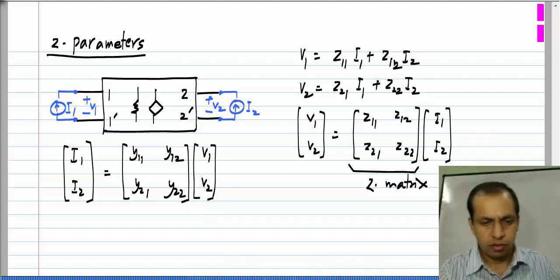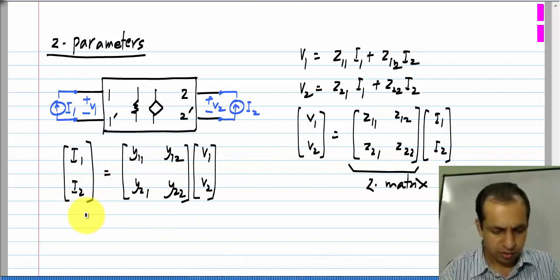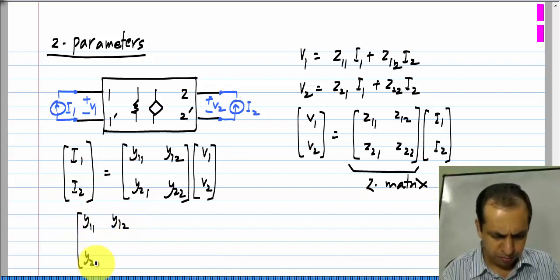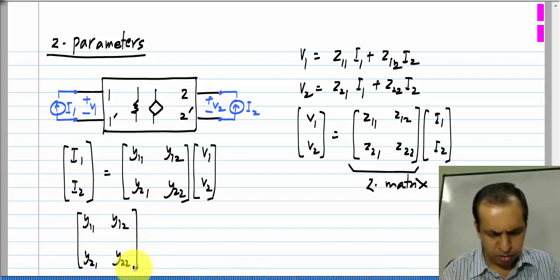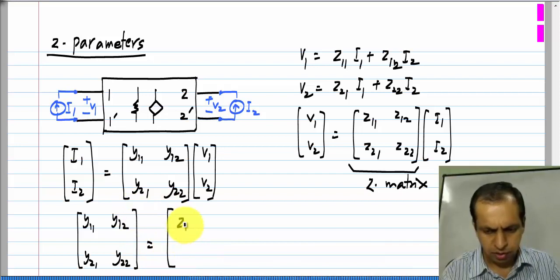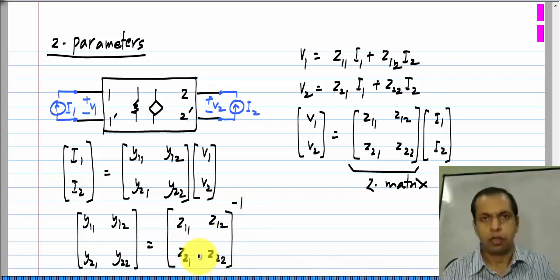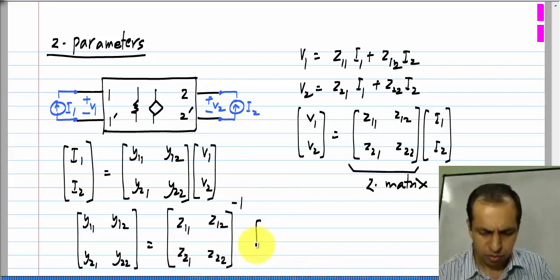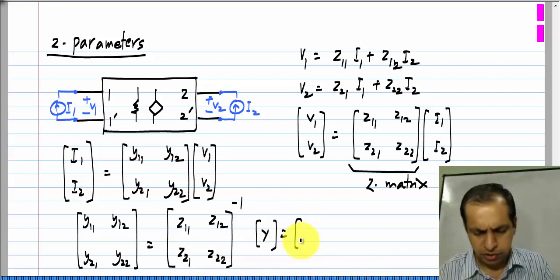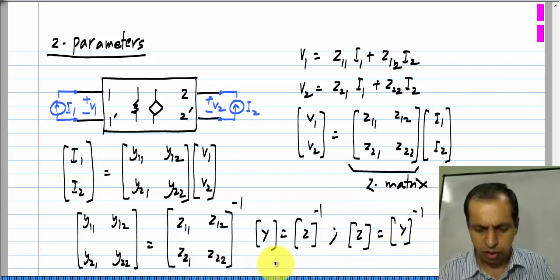Now, clearly looking at this and that, you realize that the Y matrix is the inverse of the Z matrix. So, Y is the inverse of Z, or Z is the inverse of Y.